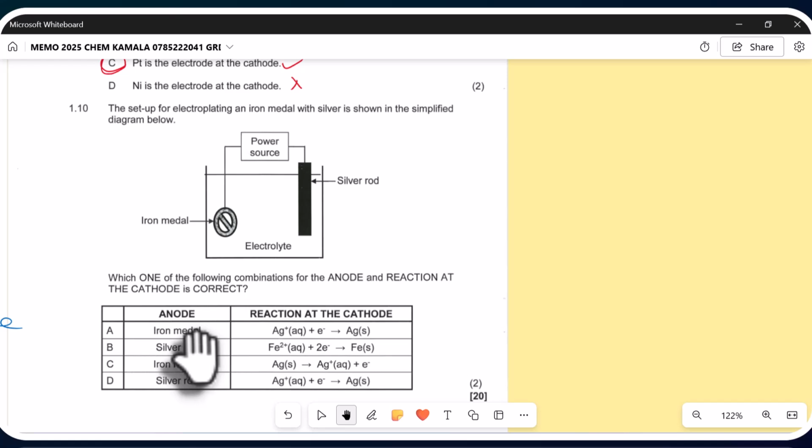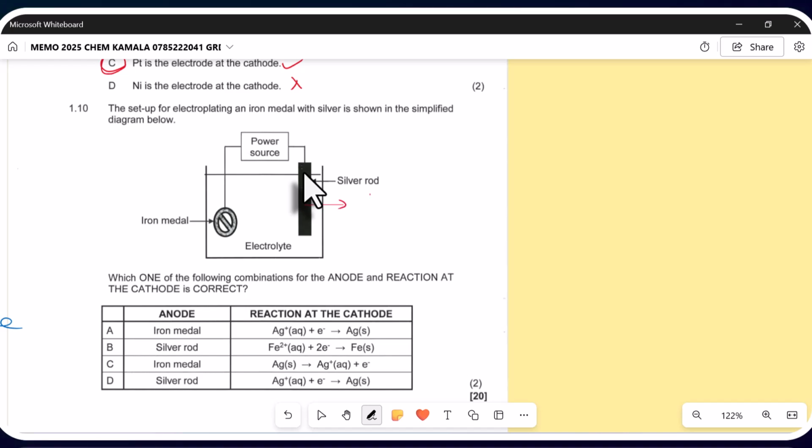Now these ions are going to go to this side of the metal, then they're going to be reduced here. So for the iron metal, we have the silver ions being reduced to give us silver. It is this silver which you're going to use to coat or electroplate this metal.